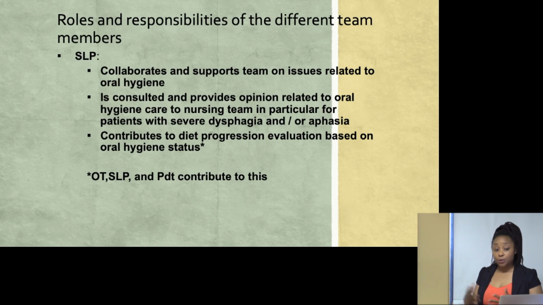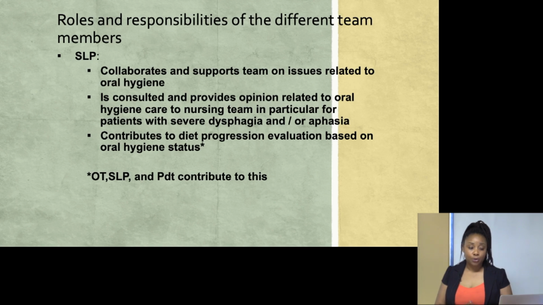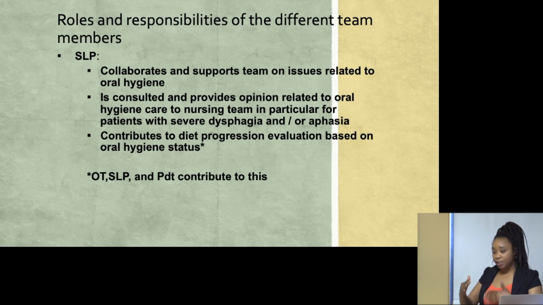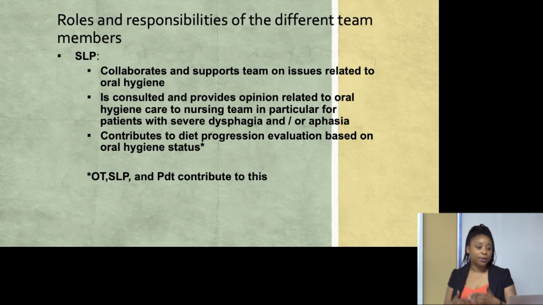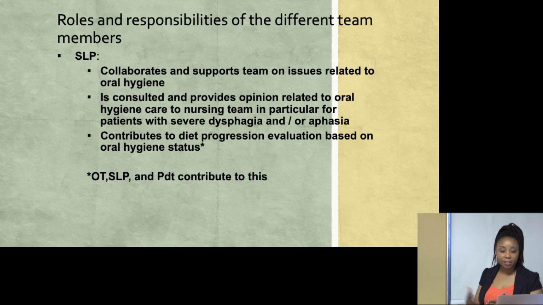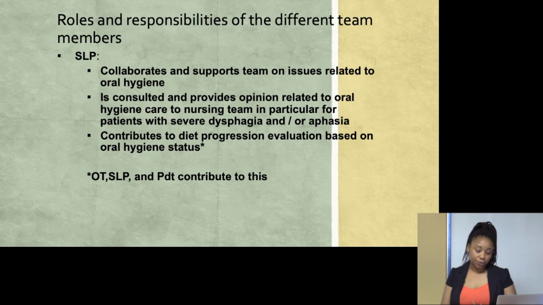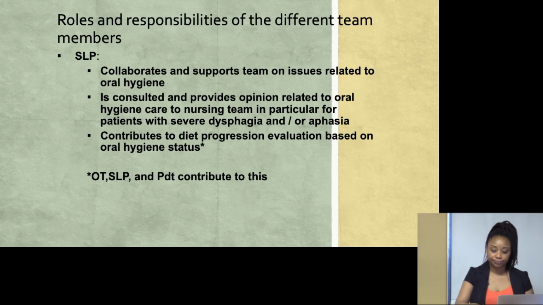So they also, of course, let's say with somebody who's on a gavage, contribute to any diet progression. So maybe my patient is on honey thickened liquid. They would then assess them and look at the dietary progressions according to their oral hygiene status.